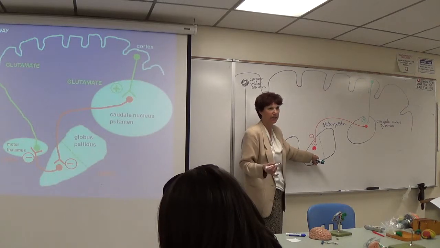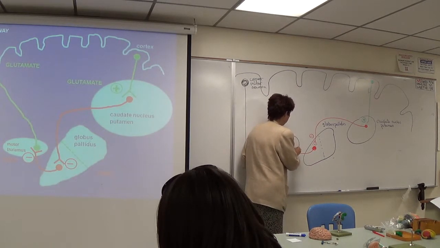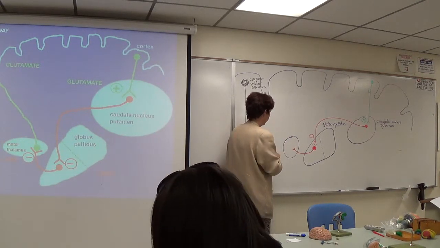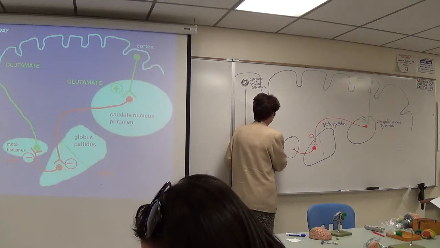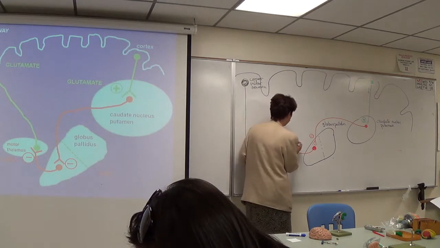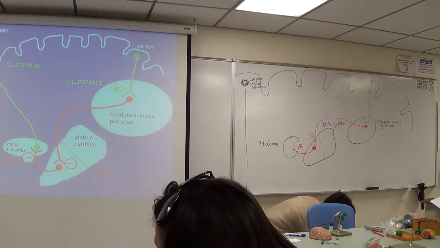It won't send an action potential when it becomes more negative. Its neuron goes to the motor part of the thalamus. And its effect is also to create a negative potential, to make the next neuron not likely to fire.